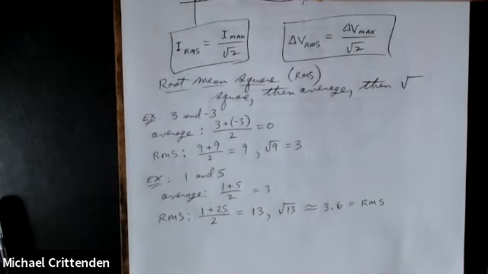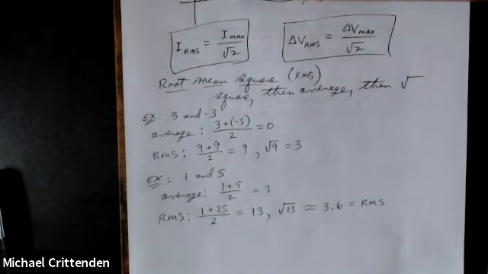Another place that it comes up, aside from talking about AC voltages and currents, is when you get into the kinetic theory of gases. Quite often people talk about the RMS speed of, say, the air in this room. The reason you might be interested in the root mean squared speed, which is faster than just the mean speed, is because the temperature of the gas depends on the average kinetic energy of the molecules.